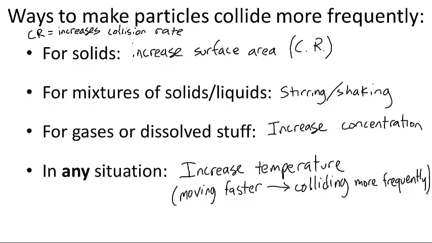So the question is, when we did the exchange of the pen, we collided in the wrong orientation and nothing happened. So could you design a solid where the reactive part of the solid is actually pointed inward so that it won't ever react because it never collides in the right orientation, but if you break up the solid, now it can? Absolutely. So, for instance, stainless steel. Stainless steel has a coating on the surface.